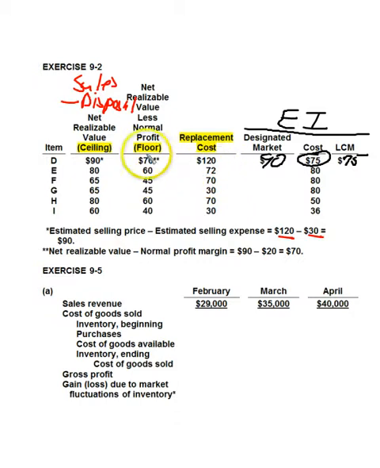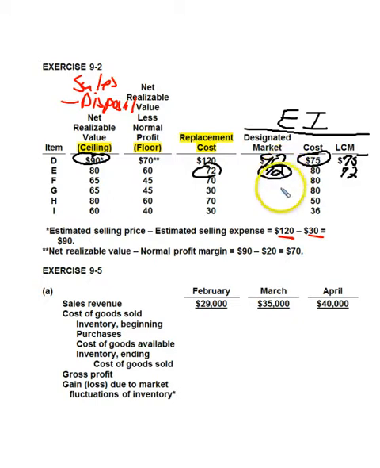So in this case, where we chose 90 there, in this case, we're going to choose the 72, which is replacement cost. So now I compare which is lower, $72 or 80, and we choose 72. So in the first item, we're reporting cost. In the second item, we choose market value.